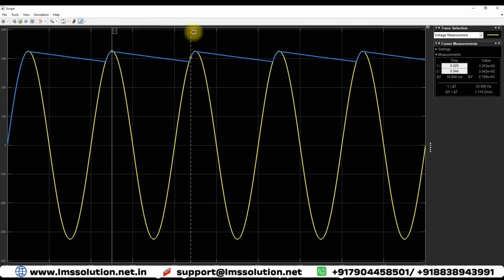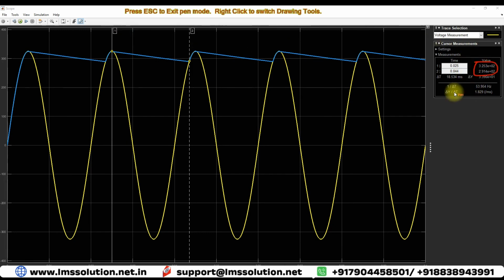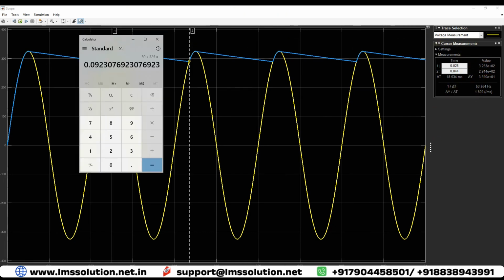Then I'm going to check the ripple voltage. Here you can see the values 325.3 and 291.4. Here you need to subtract 325.3 minus 291.4, so you will get 33.9 volt ripple voltage.